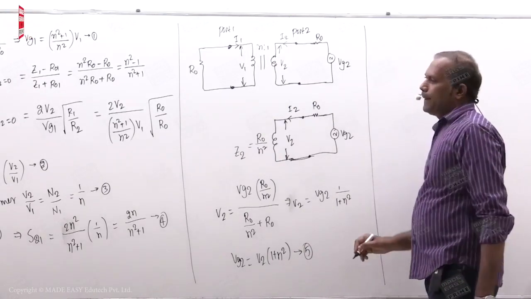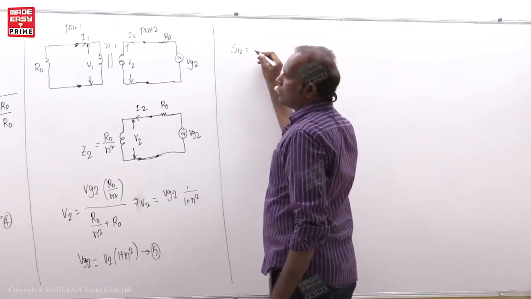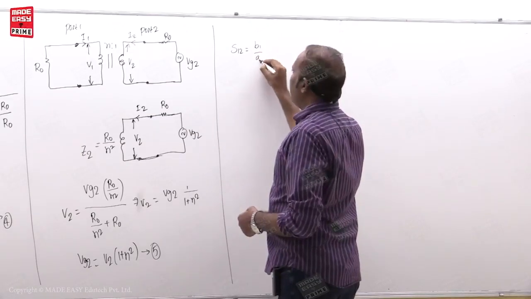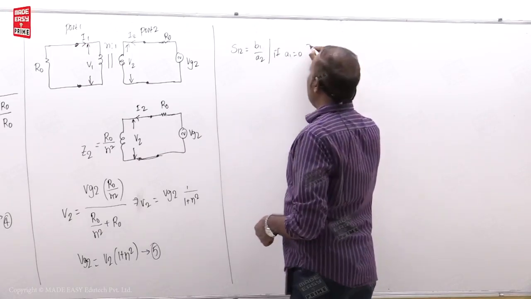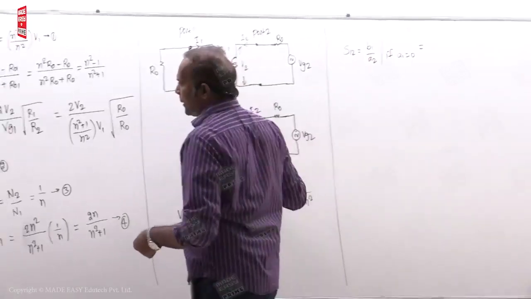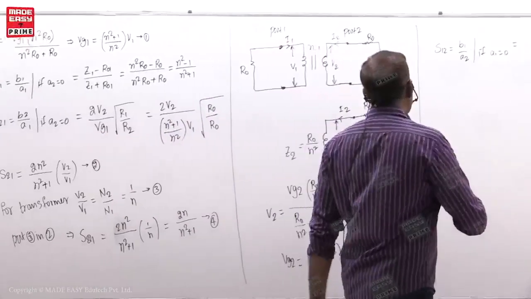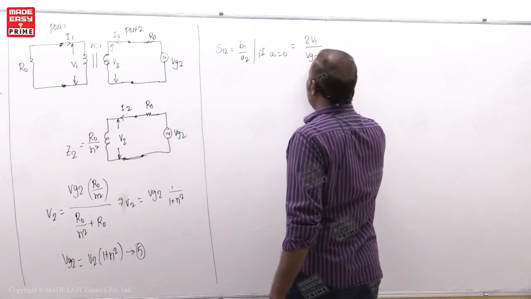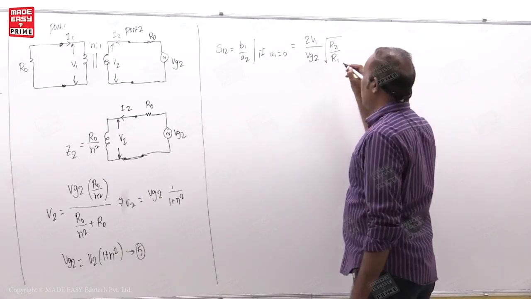Now you write the definition of S12. S12 is nothing but B1 by A2 if A1 is equal to 0. If you remember, it is similar to the earlier one: 2 times V1 and Vg2 root of R2 divided by R1.